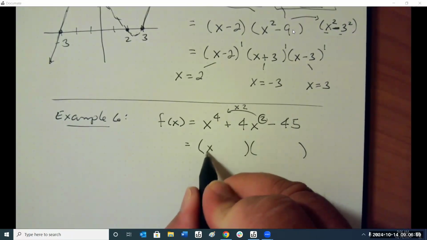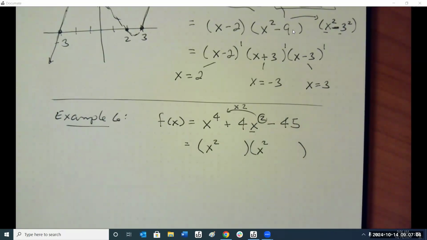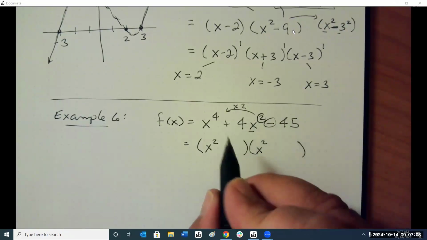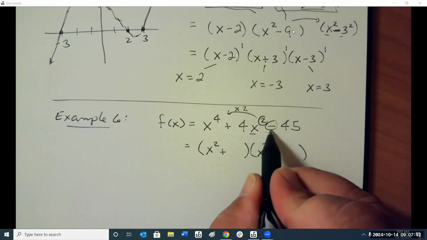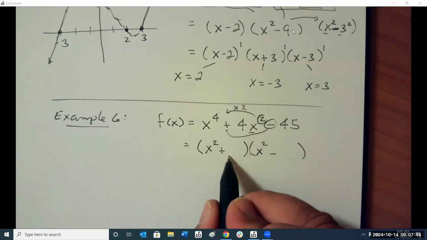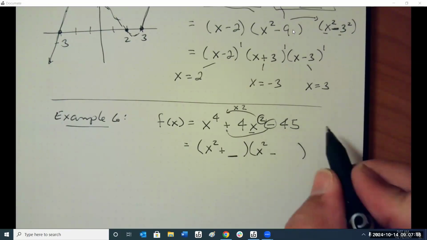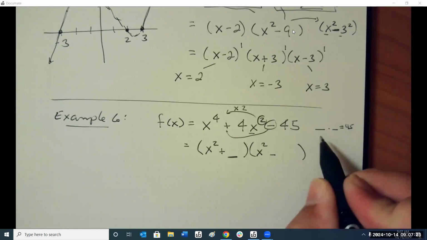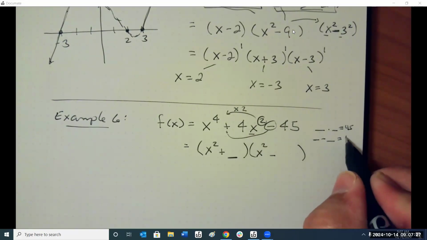So we have x squared here, x squared here. Remember, we always solve for that middle letter. The second sign is negative, so they're opposite signs. And since the first sign is positive, the bigger number goes there. So what times what equals 45, that when we subtract them, we get 4?